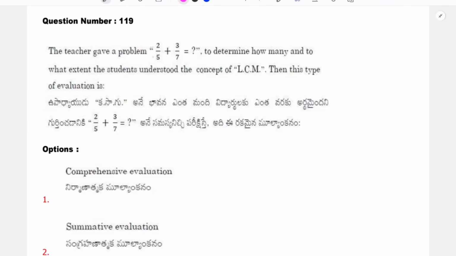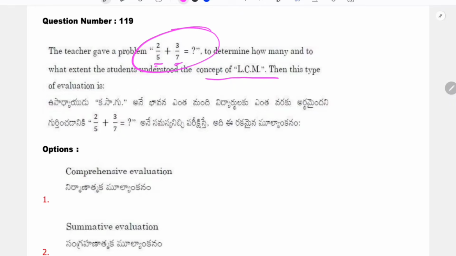Now the teacher gave a problem: 2 by 3 plus 5 by 7 equal to how much? To determine how many and to what extent the students understood the concept of LCM. Above also we have done one question with the LCM, right? 5 and 7. So whether the student has understood LCM or not, teacher has given this question.